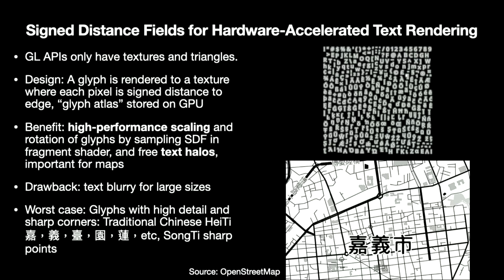That's stored as a texture on the GPU, and it's sampled in a shader in order to render text. This is a really good technique because it means that text can be scaled infinitely, it can be done very, very fast, and it does not need to touch the CPU at all. It can also be rotated. But the big drawback is that visually, it will always be round.